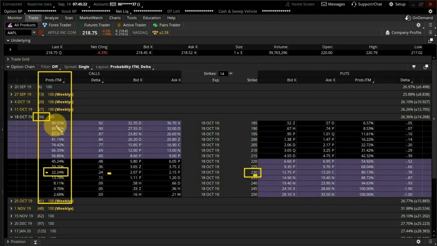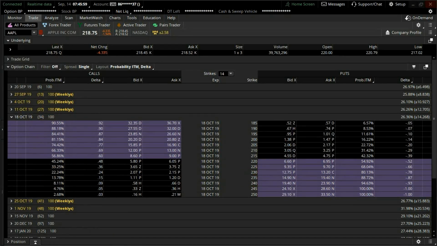Now, I want to get this right. What this little probability in the money says is you have a 22% chance of this option being in the money. Basically, you have a 22% chance of the stock being above 230 34 days from now. Done. That's the definition for probability in the money. That's actually considered a probability of expiring.